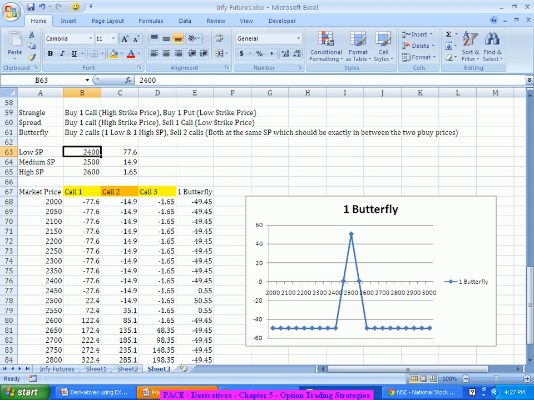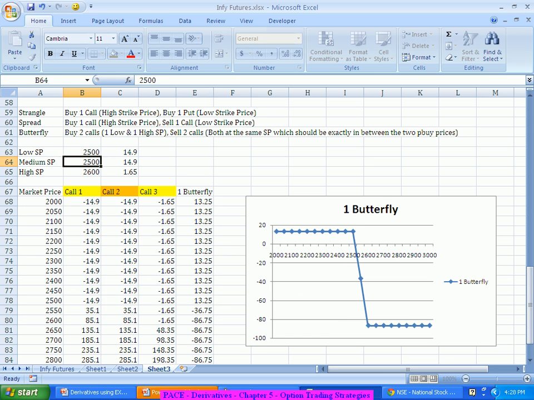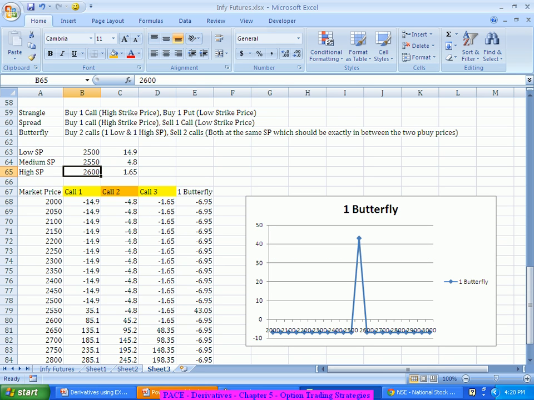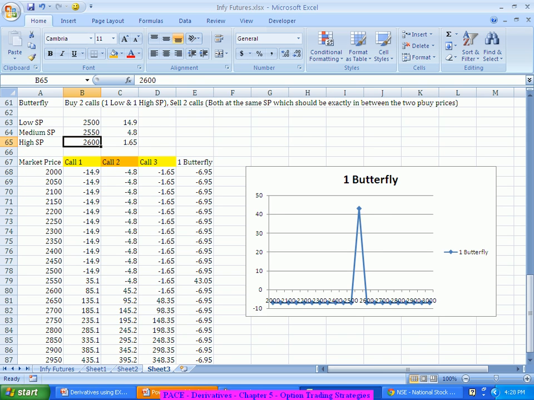Instead of 242526, I'll make it 2550 and 26. All are equally spaced. This is the number that is coming out. So what it is saying is, as long as the value is in between this, I'll make a profit of almost 43 rupees.